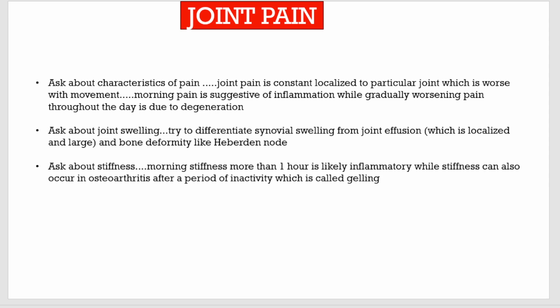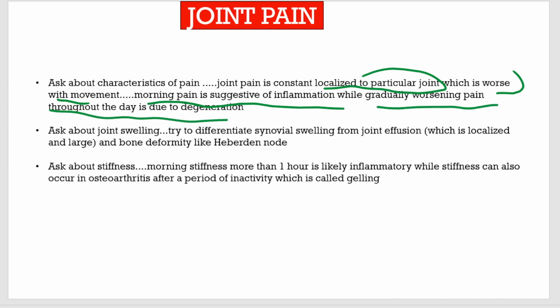Then we'll ask about the characteristics of the pain. Joint pain is usually constant, localized to the particular joint, and worsened with movement. Morning pain is suggestive of inflammation, while pain gradually worsening throughout the day is usually a degenerative problem of the joint.